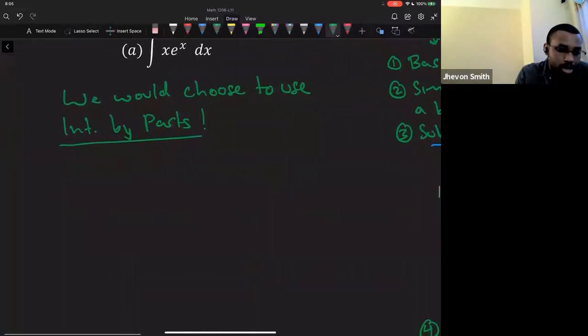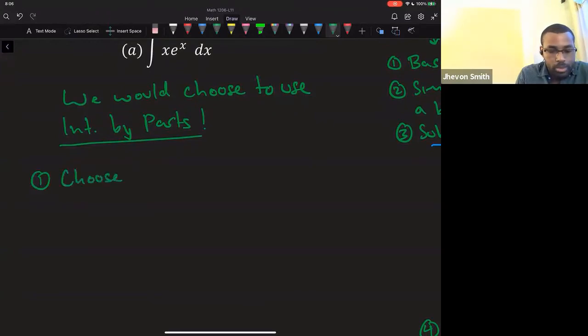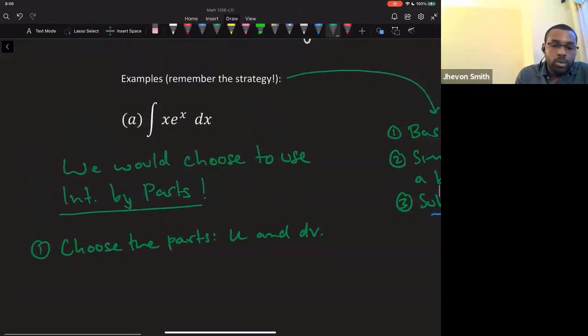So that's going to be the first one. You want to choose the parts. The parts you're going to choose are u and dv. So you have 2 functions here, like an x and an e to the x. You're going to choose one to be a u and one to be a dv, essentially.